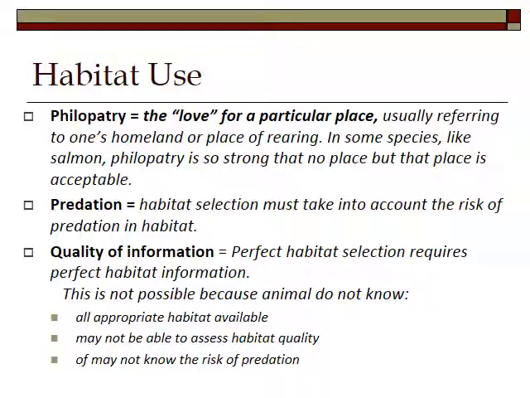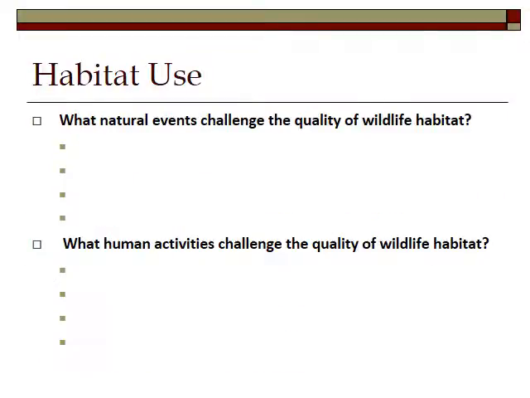So it is not possible for animals to know all about their habitat. It's not possible for them to know all appropriate habitats that are available. They may not be able to assess the habitat quality, and they may especially not know about the risk of predation. But some animals do spend more time trying to understand the habitat around them than others.